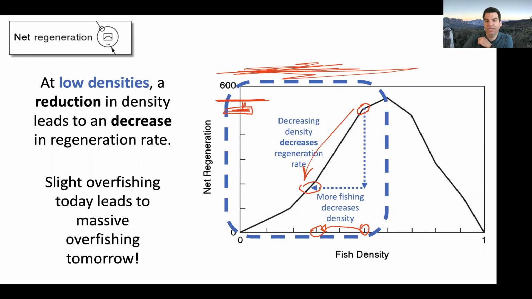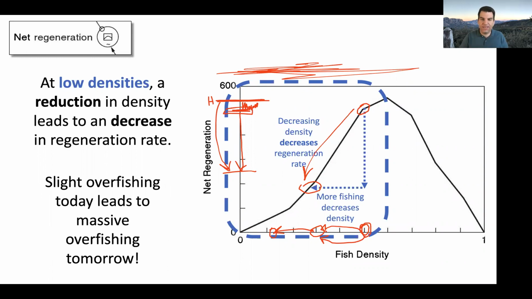This gap between the two is going to cause a decrease in density from this amount of fish to a lesser amount of fish. And that's going to reduce the regeneration rate further, so that the gap between harvest and the regeneration rate is even larger, which is going to end up causing an even greater reduction. And this ultimately is going to lead to extinction.